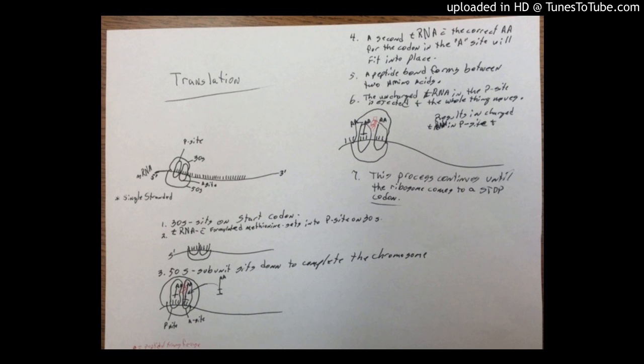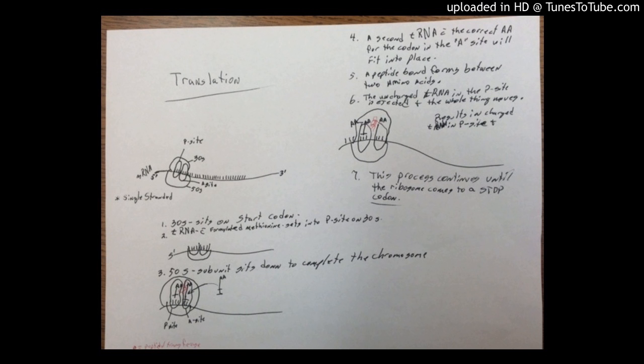The next thing that happens is you have another transfer RNA. Whatever transfer RNA corresponds to the next codon will come in through a groove in the side of the ribosome, click into place, and put its amino acid in close proximity to the amino acid in the P site, which in this case would be the start codon or formylated methionine.